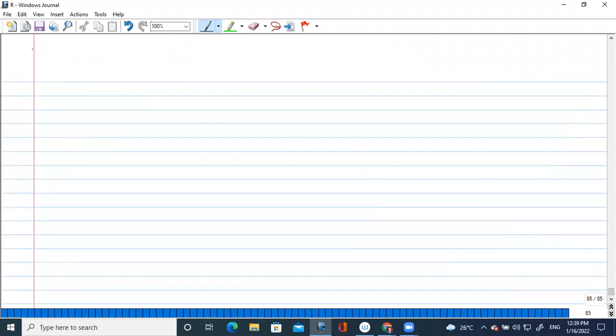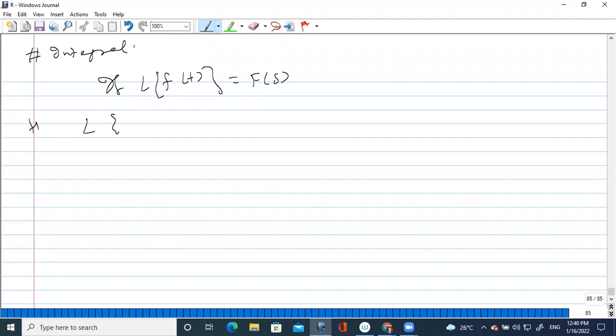Next is the integral part. If Laplace of f(t) is F(s), then Laplace of integral 0 to t f(t) dt will be equal to just 1 by s into F(s).